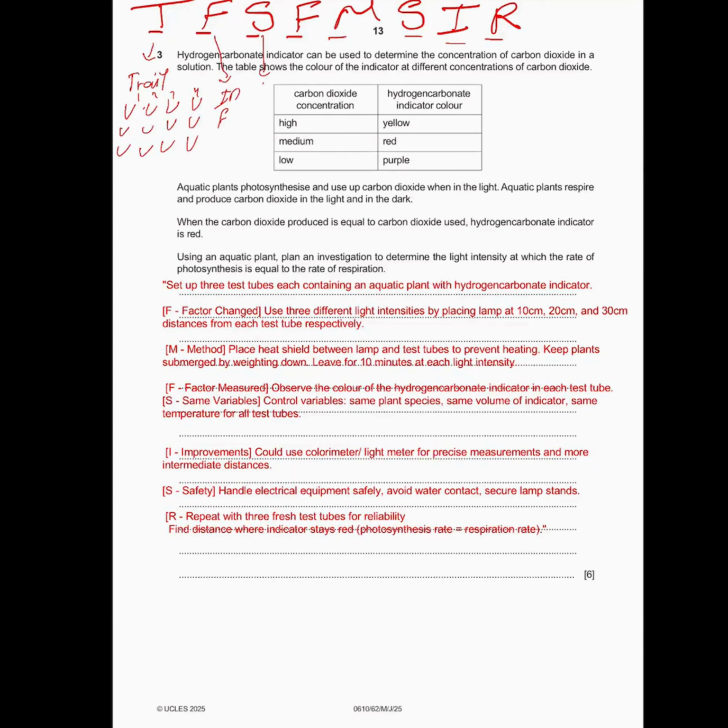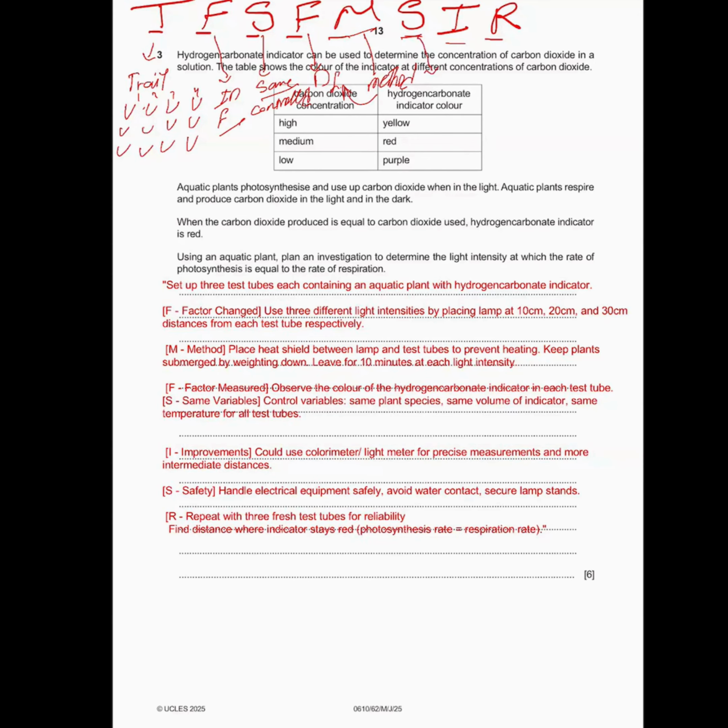S stands for same factor. What was kept controlled? F stands for the second factor. We said independent, so the second is the dependent factor. M stands for the method that you are going to use to measure the dependent factor.